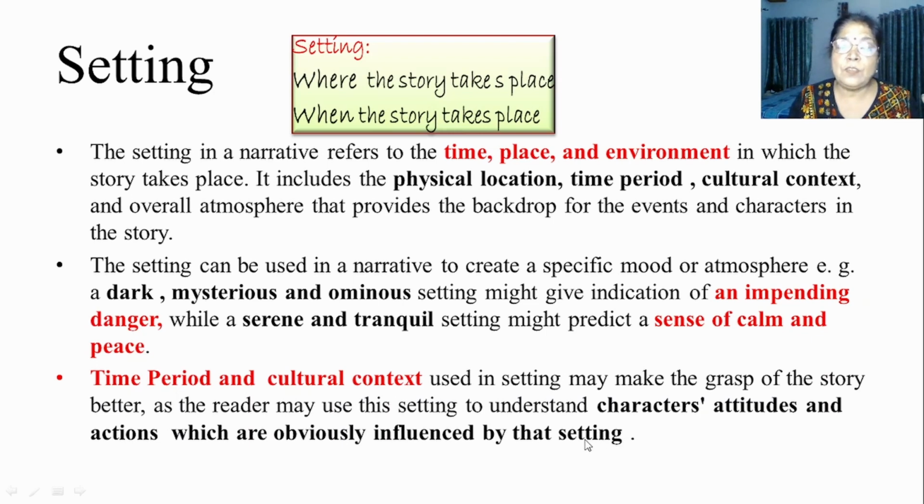If the characters belong to a particular cultural context, and the cultural context has already been told in the setting part of the story, then it becomes easier for the reader to understand the attitudes of the character. So the setting is also helpful sometimes in understanding the attitudes and actions of the characters.